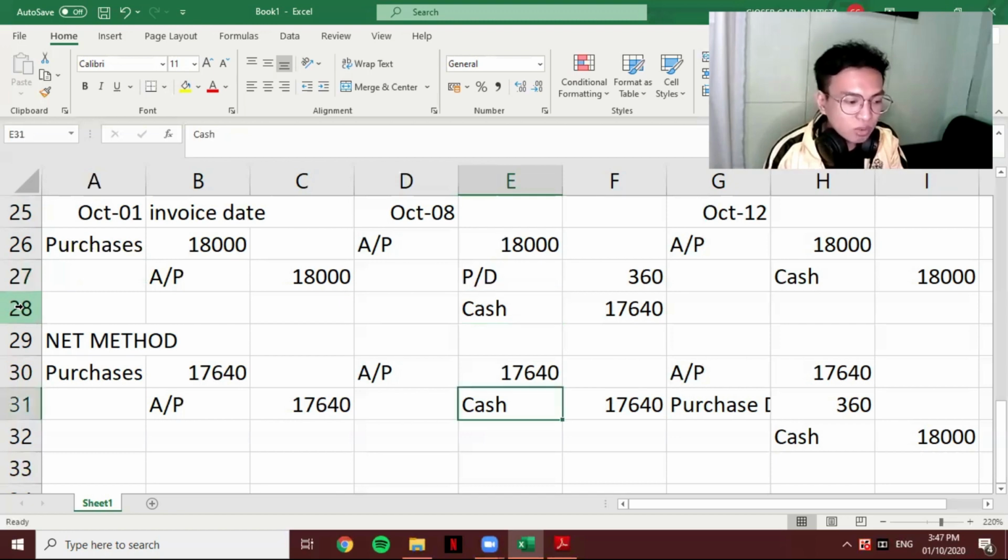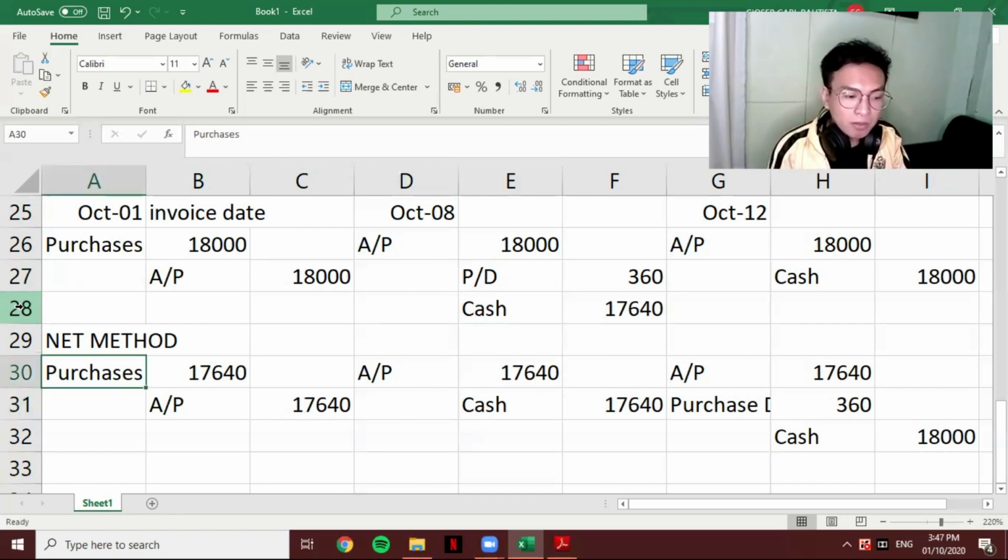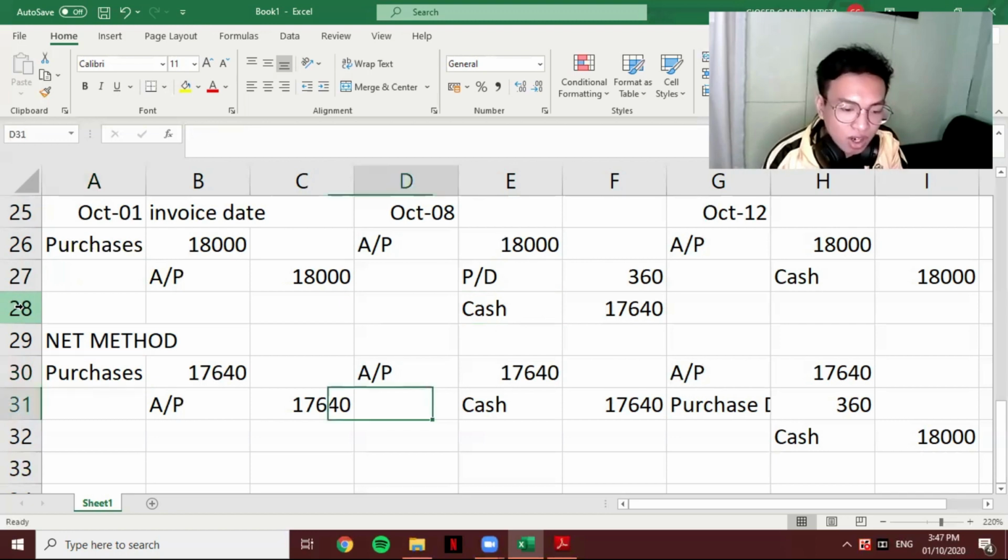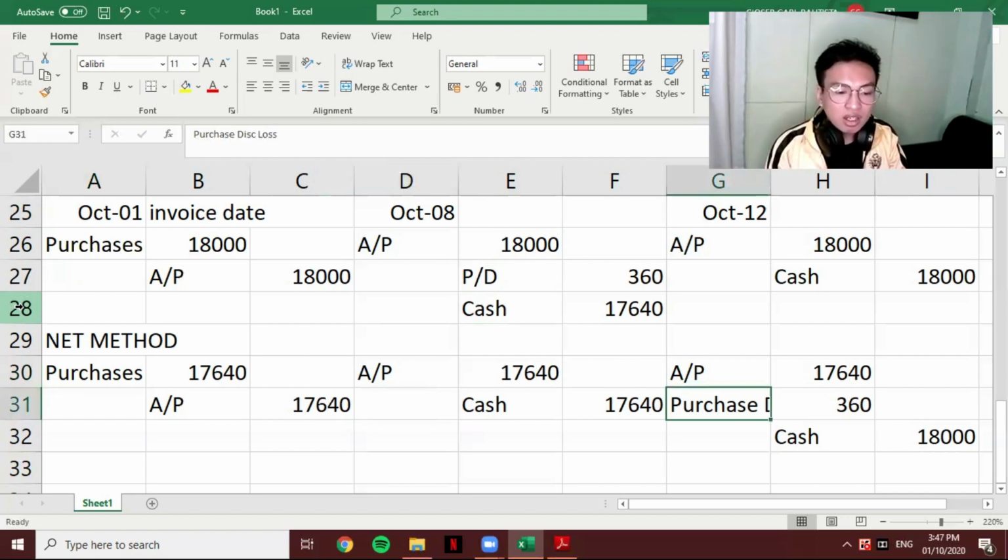Same goes for this one. The purchase will go to your merchandise inventory. But this one, the purchase discount loss, since this is other expense, will not become an increase in your merchandise inventory. It will remain as purchase discount loss, whether you use perpetual or periodic.